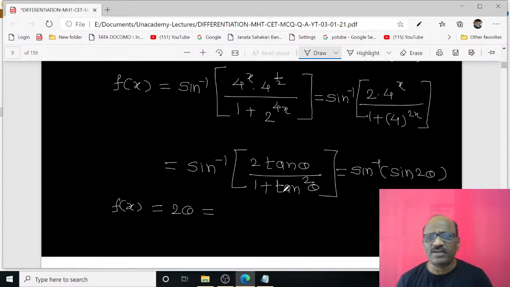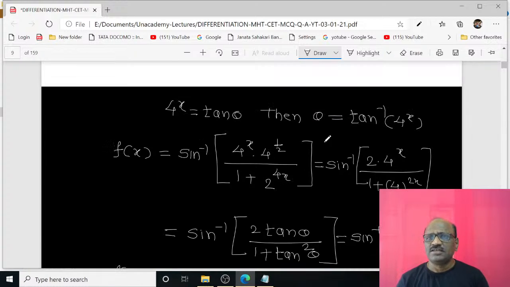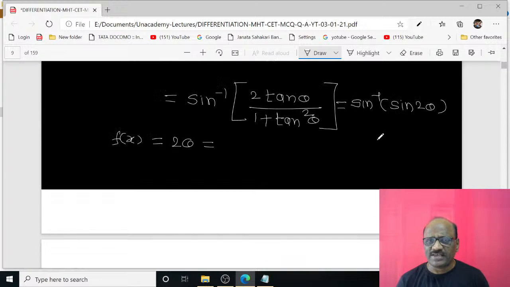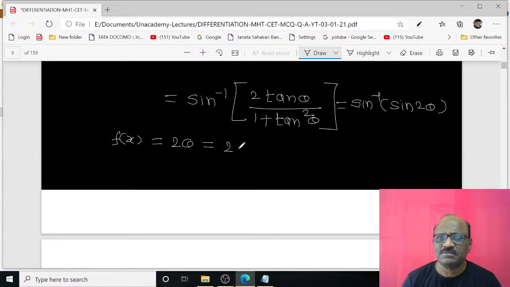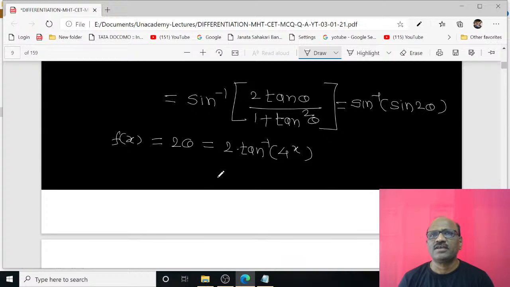But what is the value of this theta? Theta is equal to tan inverse of 4 raised to x. Therefore I will write here 2 times tan inverse of 4 raised to x. Okay, 2 tan inverse of 4 raised to x.